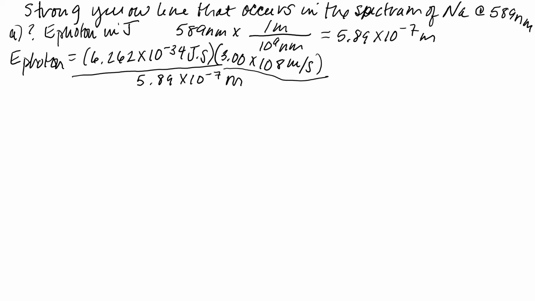So E of this photon equals 3.37 times 10 to the negative 19 joules.